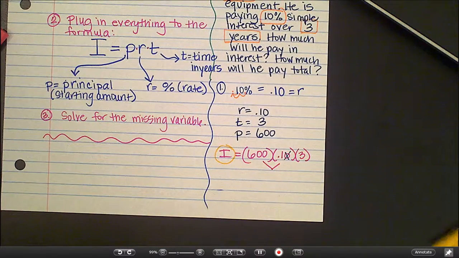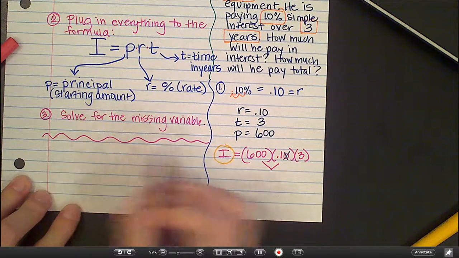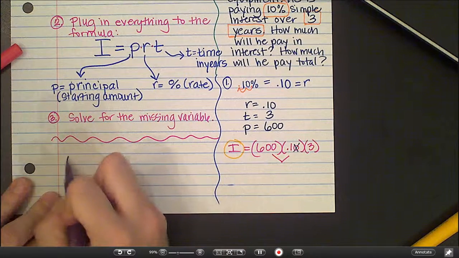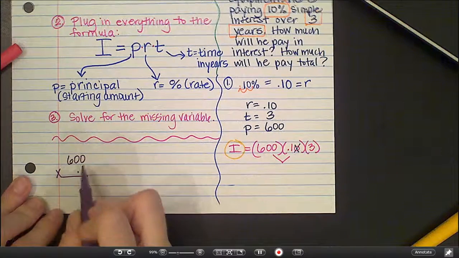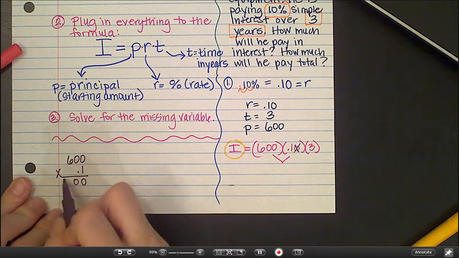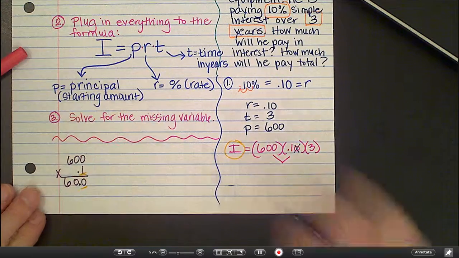So we're going to figure out what that is. So 600 times 0.1, or 1/10. So let's do that. 600 times 0.1. So we've got 0, 0, 6, and then how many digits are to the right of that decimal? Just one. So that's 60.